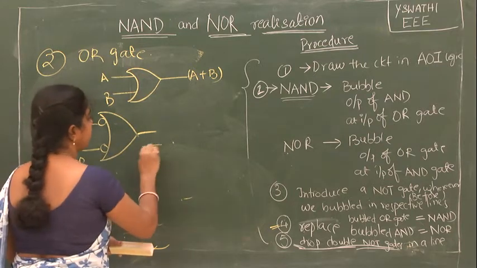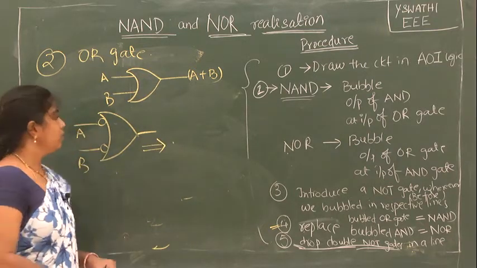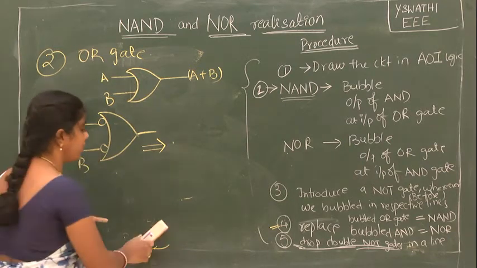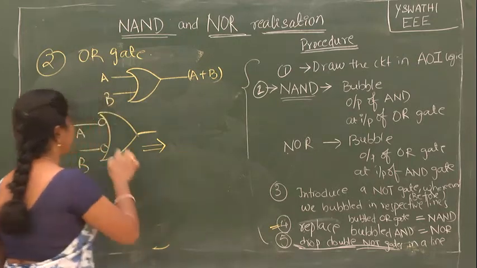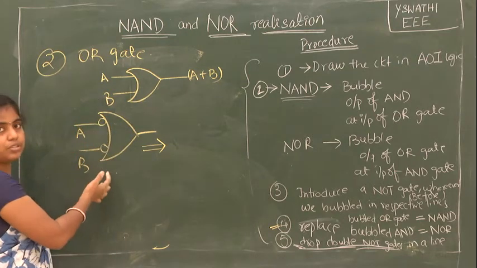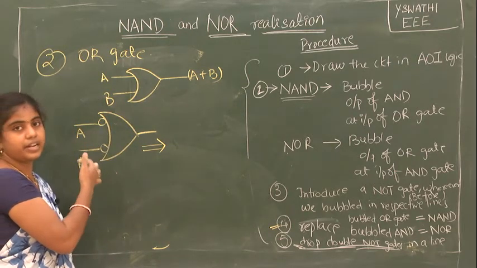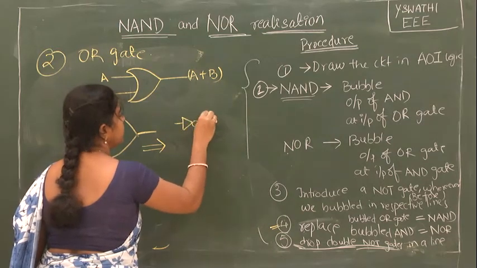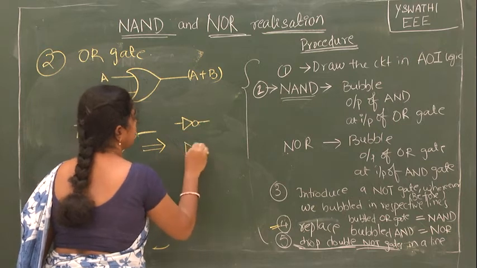In the next step, you have to add an inverter where you are bubbled. So I bubbled at the input, so I am introducing a NOT gate or inverter before it. So here I am introducing a NOT gate.